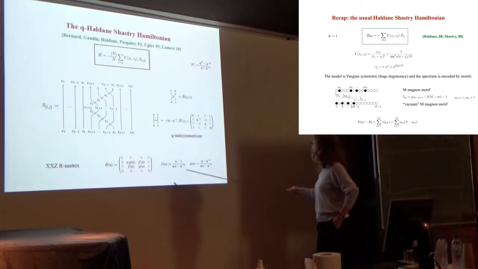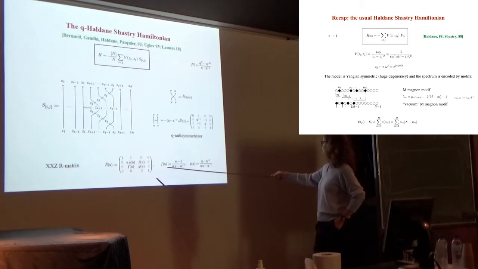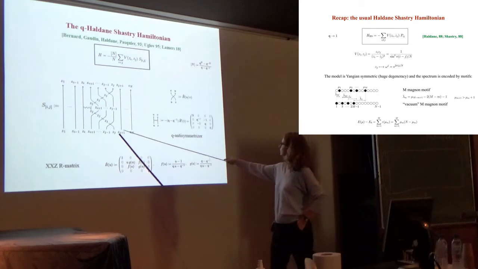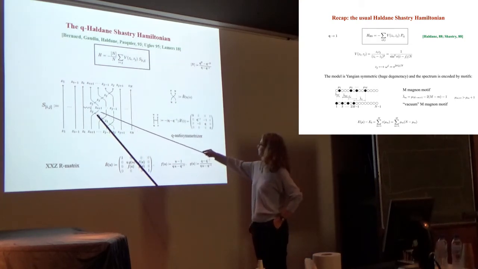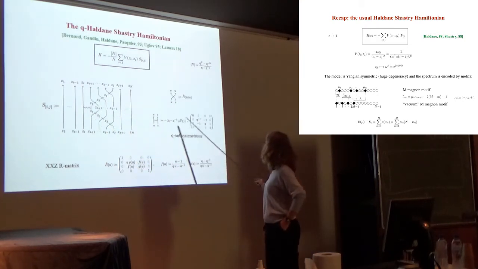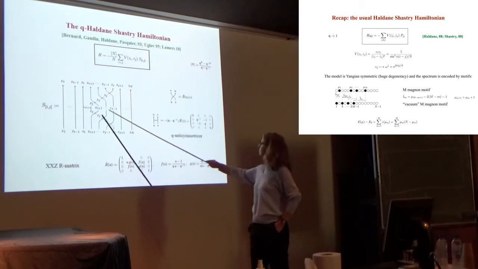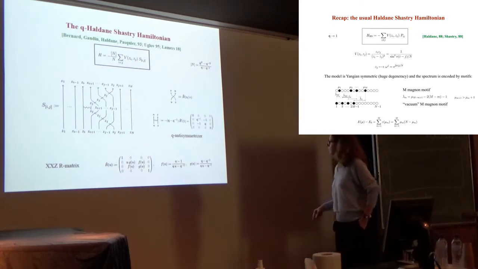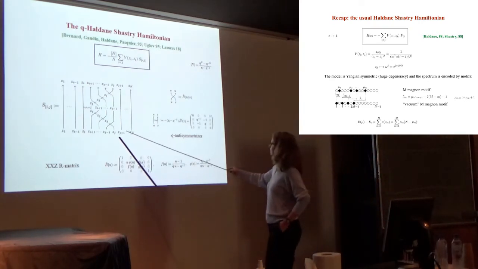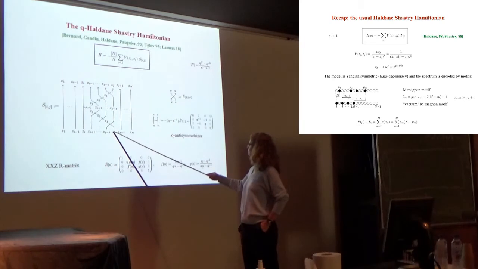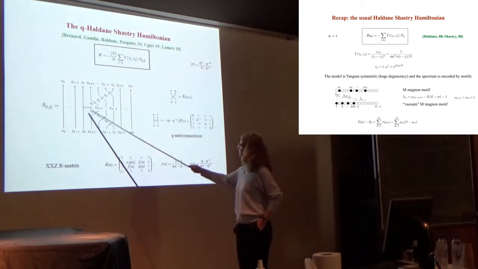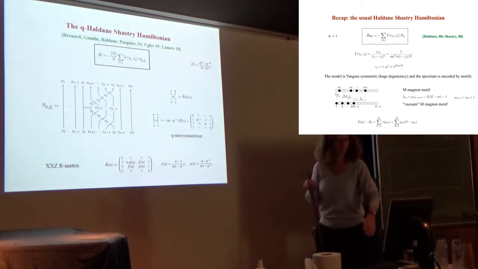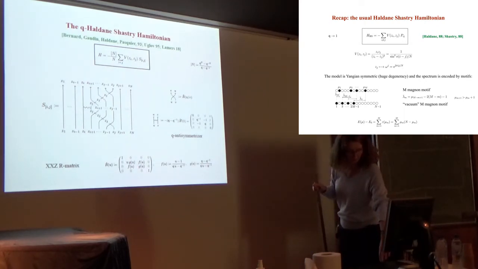I will come back to this image here. When you send q to 1, this R matrix becomes a permutation. So this crossing here becomes permutations, and then you have this interaction with the usual symmetrizer, and then you send back the particle to its place. So this becomes just an interaction between z_j and z_i, which doesn't touch the other particles on the way.